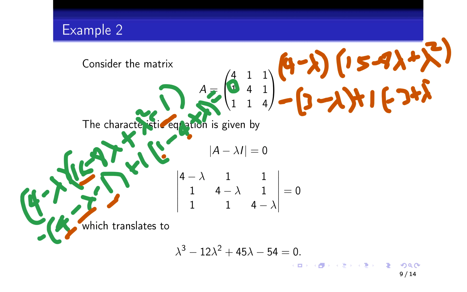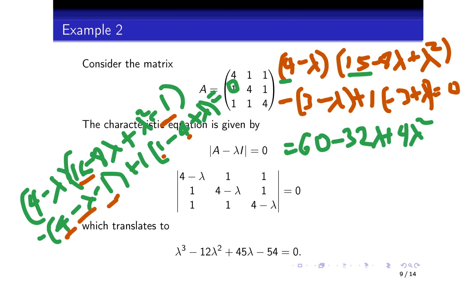Okay, so now we can still keep tidying things up here. We have 4 times 15, that is 60. 4 times minus 8 lambda, that's minus 32 lambda. 4 times lambda squared, that is 4 lambda squared. And then here we have minus 3 plus lambda.